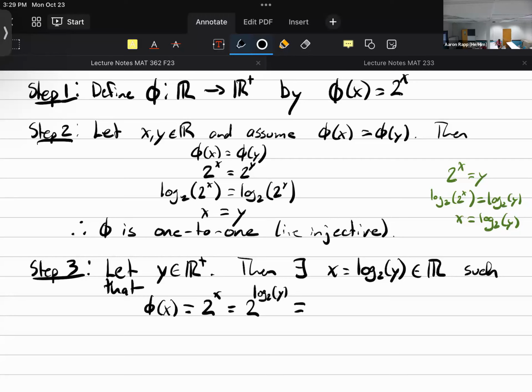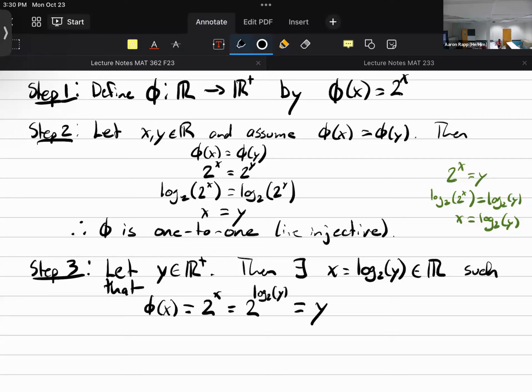And if I have 2 raised to the log base 2 of y, what happens to that exponent of log base 2? Or what's the outcome from all of it? They cancel each other out because one of your properties is logs. I get that the desired output is y.